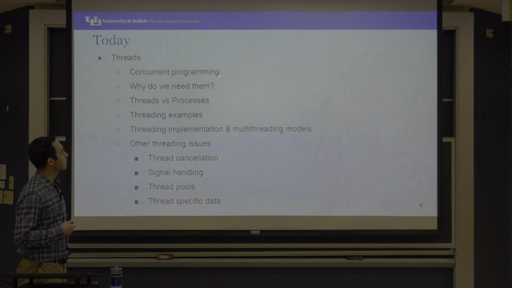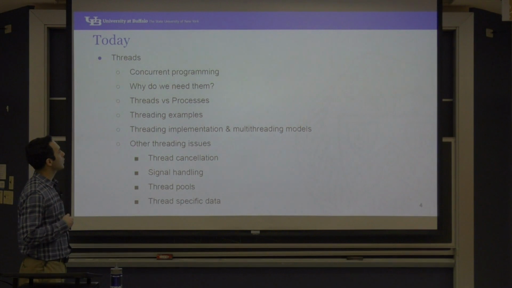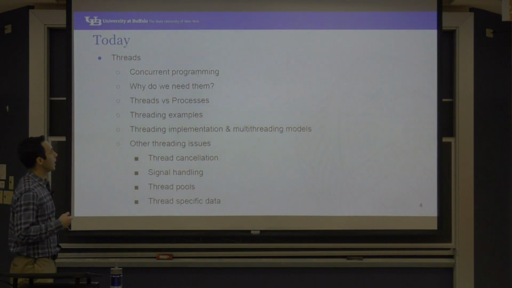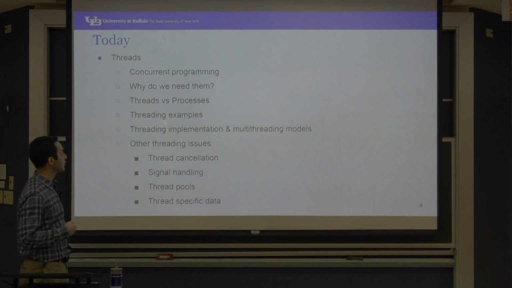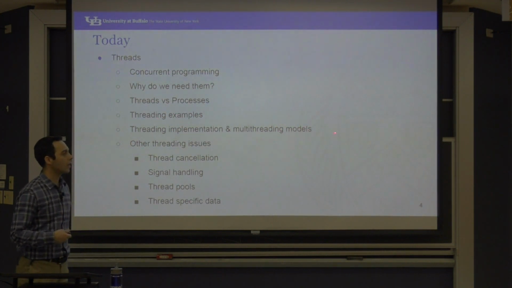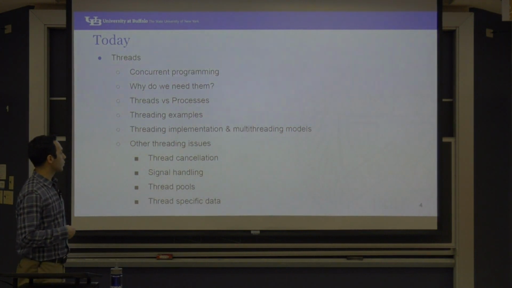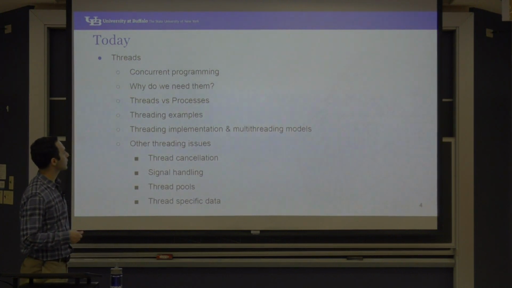First we're going to talk about concurrent programming in some aspects, and then why we need threads, not just processes, and the differences between threads and processes, and a couple of examples from threading and how it is implemented, and multithreading models implemented in operating systems. We also talk about some issues regarding thread cancellation, signal handling, and thread pools.